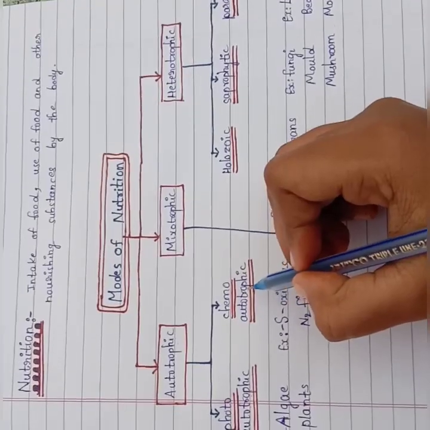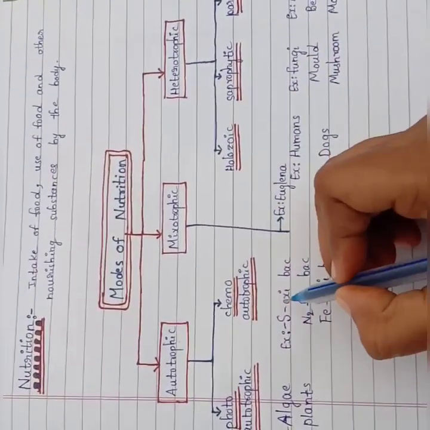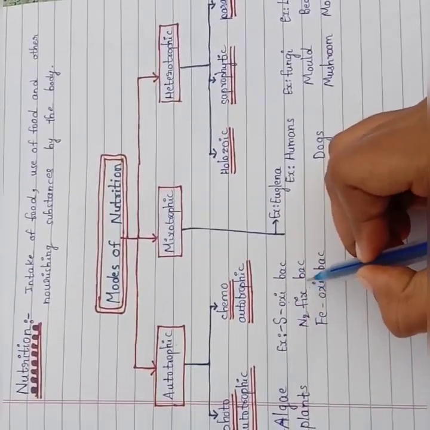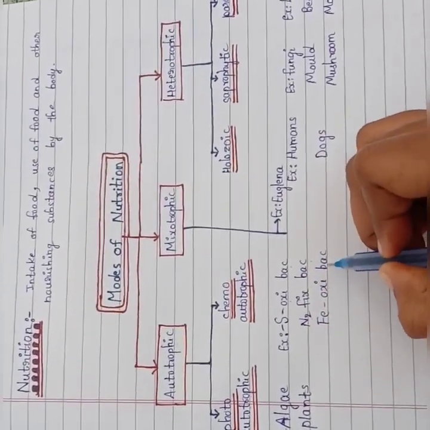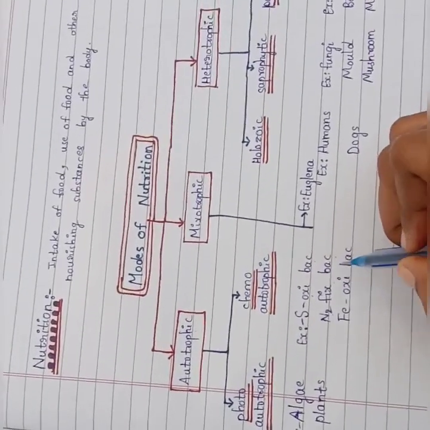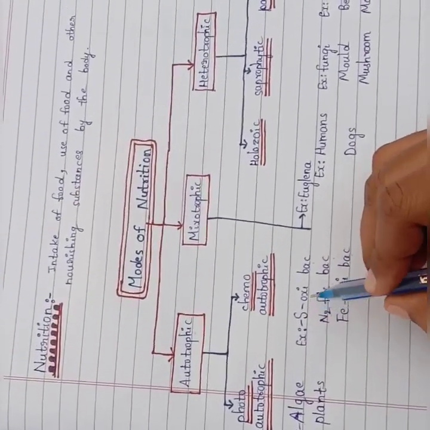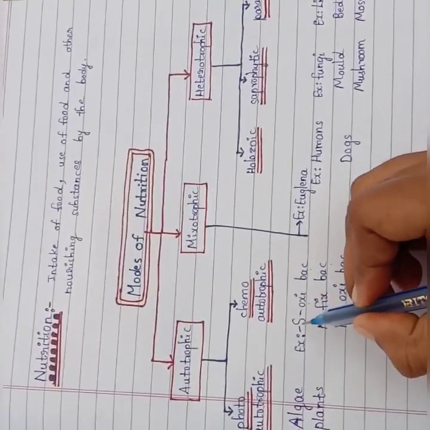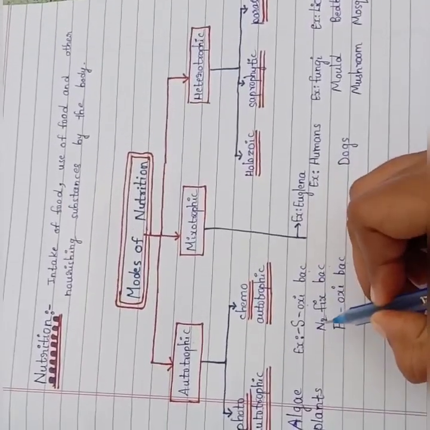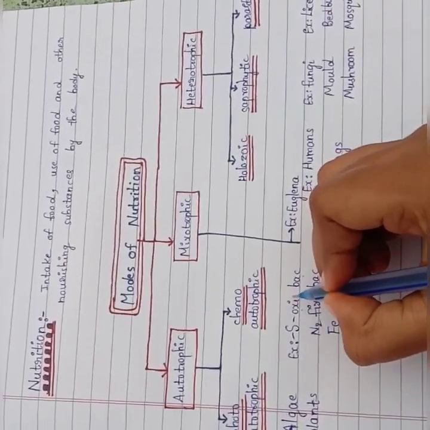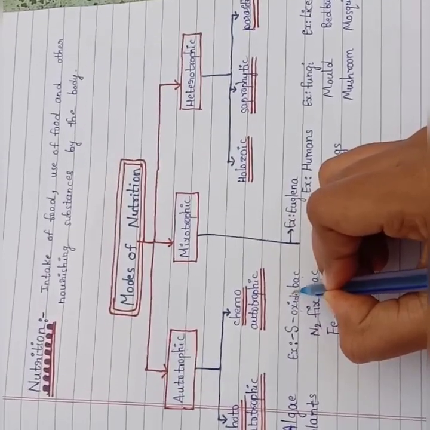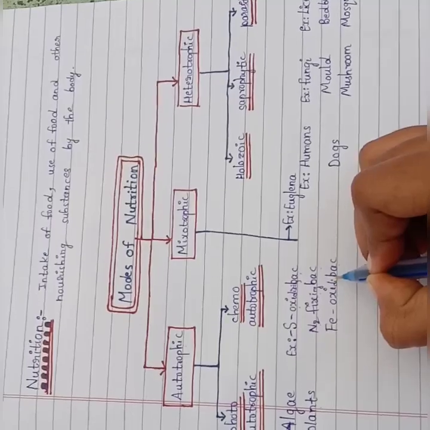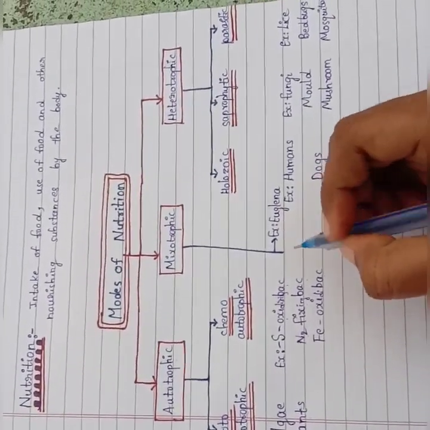The best examples for chemoautotrophic organisms are sulfur oxidizing bacteria, nitrogen fixing bacteria, and iron oxidizing bacteria.